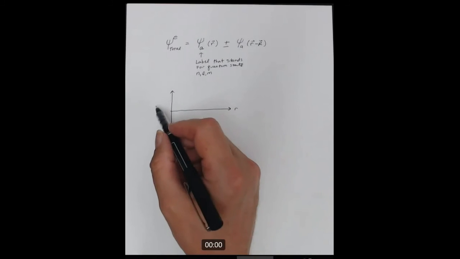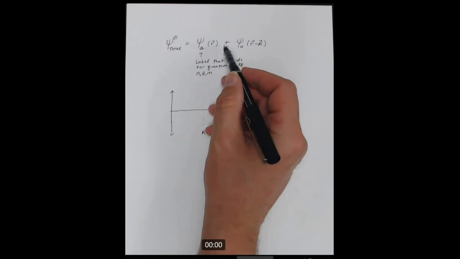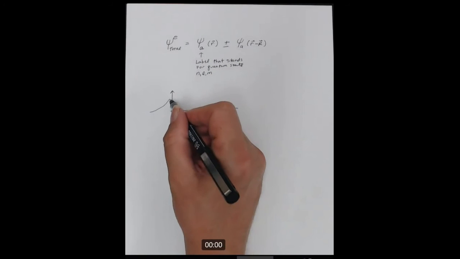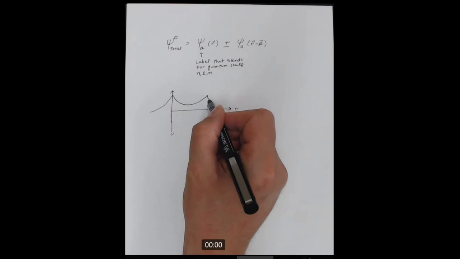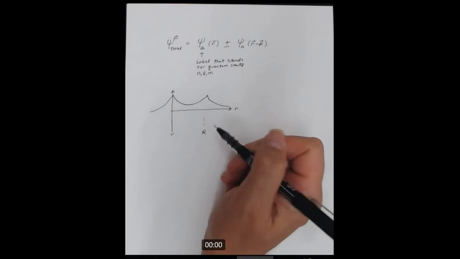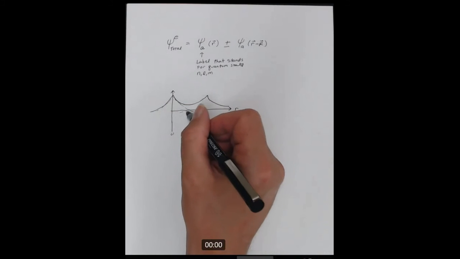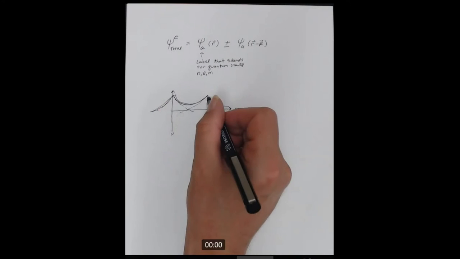So let's say we have a wave function psi A around the first nucleus plus psi A around the other. How might that look? Maybe it looks something like this, if you add these two wave functions together. So I've got this first one, it goes like this, and then maybe the second one, and overall they look like this.